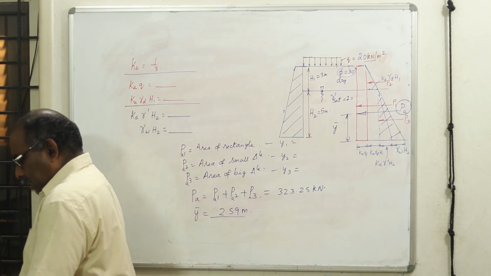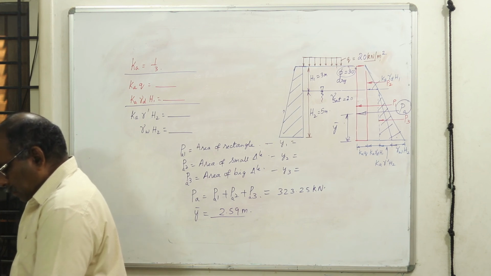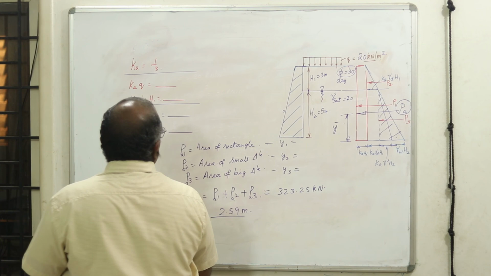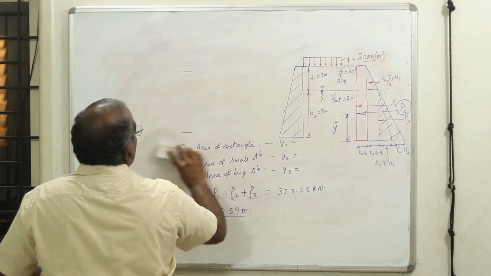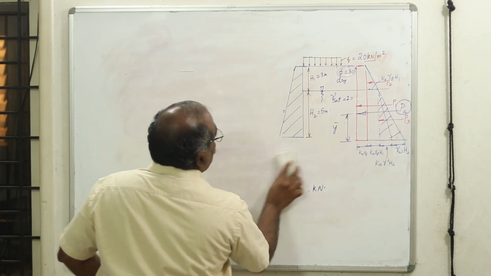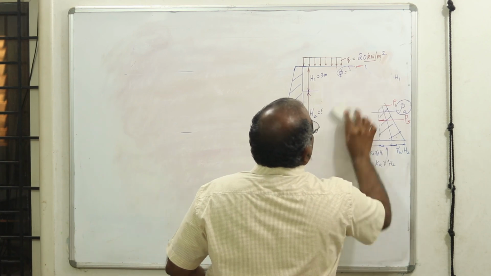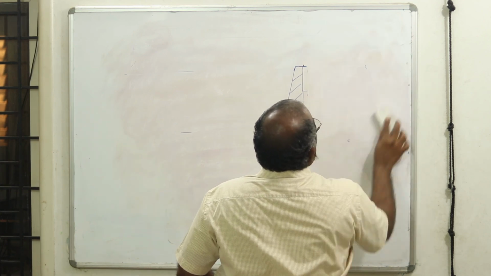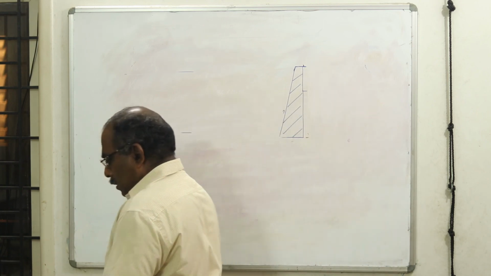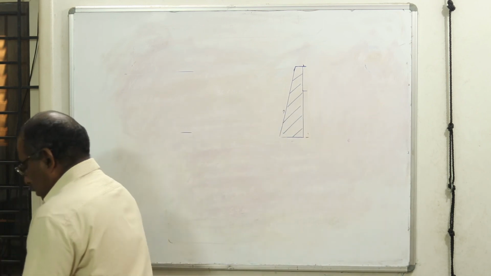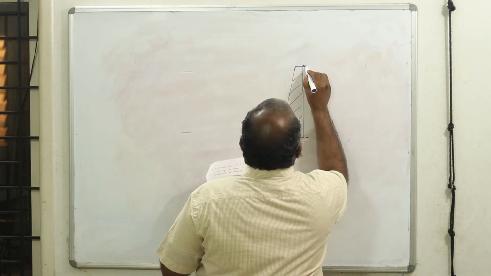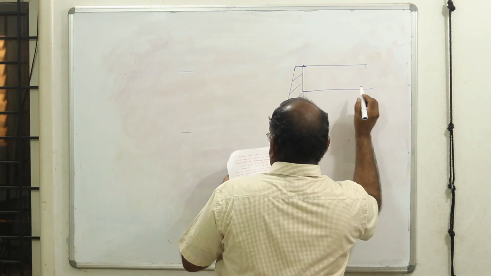Now let us take an interesting problem where you have a layered system, because this is going to solve all the cases. Let us take a layered system. You got a layered system.